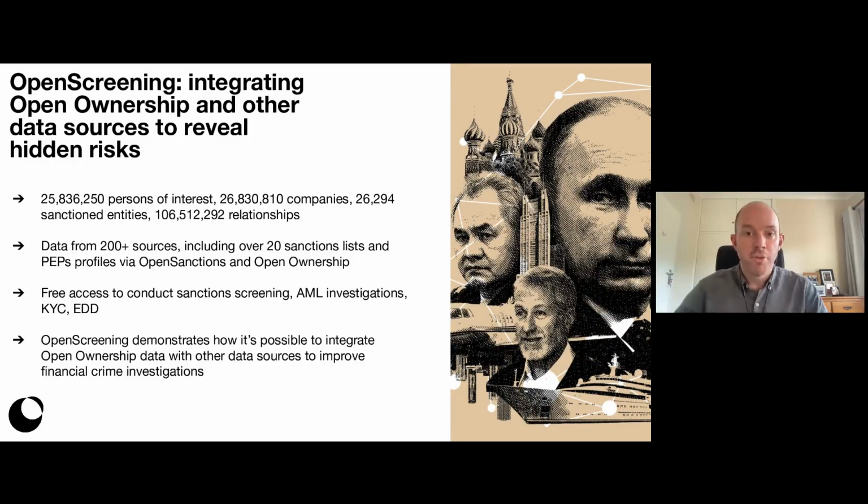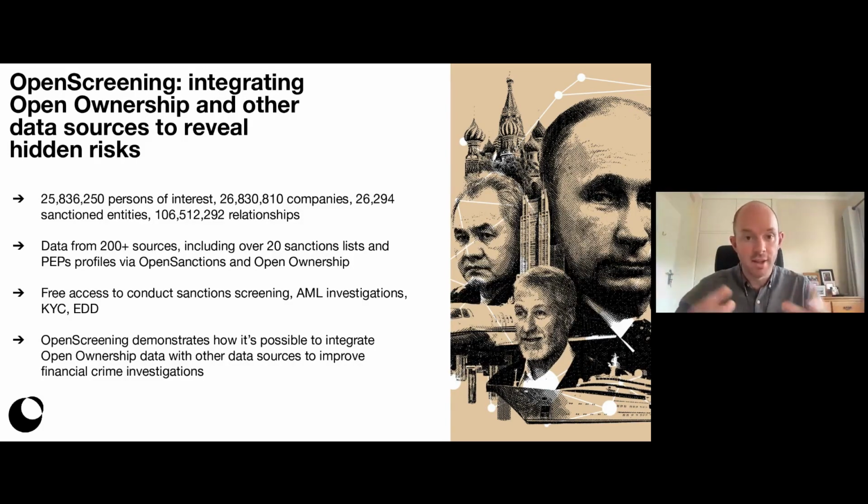Now, the project that we've worked on recently between OpenOwnership, Linkurious, and the Open Sanctions team to demonstrate what we're talking about here, to demonstrate the need to connect these multiple sources, is called Open Screening. And there's a link that will have been shared with you, so you can go and check out Open Screening yourself. It's a free tool that pulls together beneficial ownership data from ourselves, company ownership data, sanctions data from Open Sanctions.